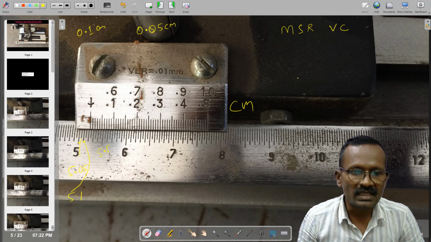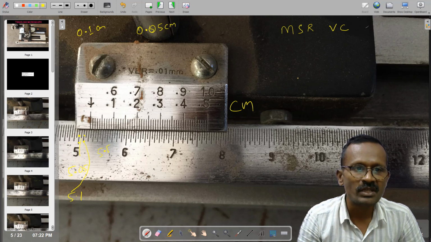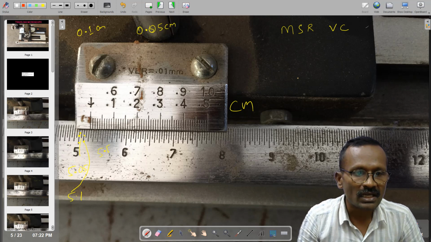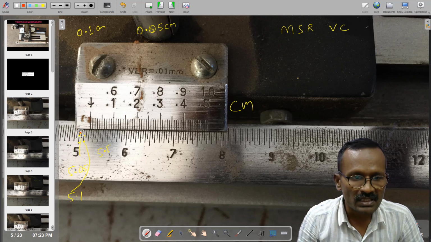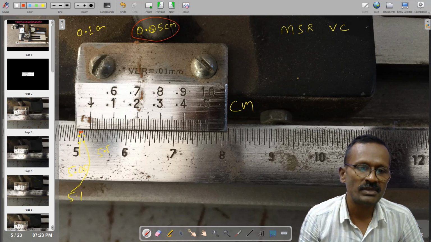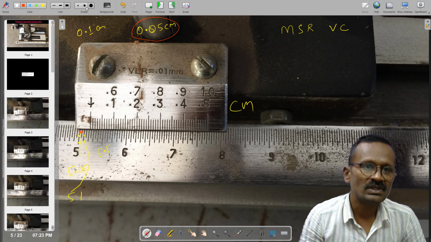The gap between this and this is 0.1 centimeter. But this and this, okay, I change the color. The gap between this one and this one is 0.05 centimeter.